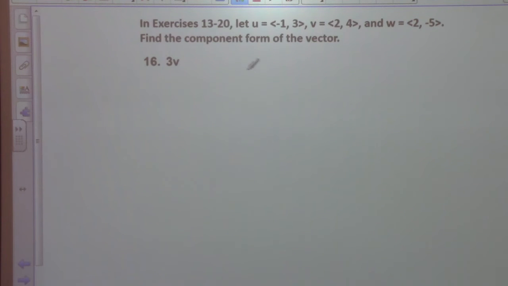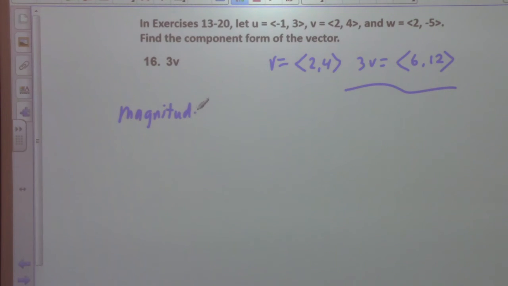So B is 2, 4. So after you times it by 3, it's going to be 6, 12. Okay, so there's 3v right there. And then the magnitude, does it have to be in the square root or can you do a decimal? You could do that. You could just punch the calculator button if you want to.